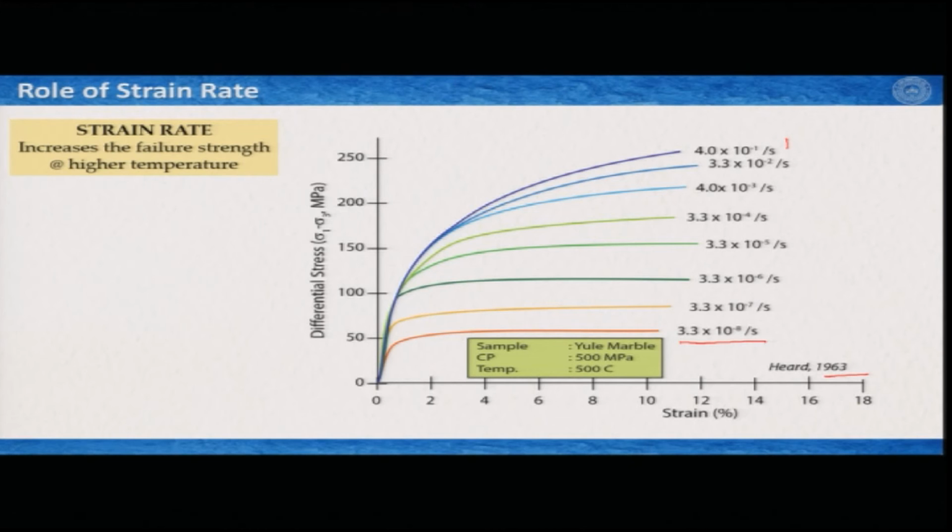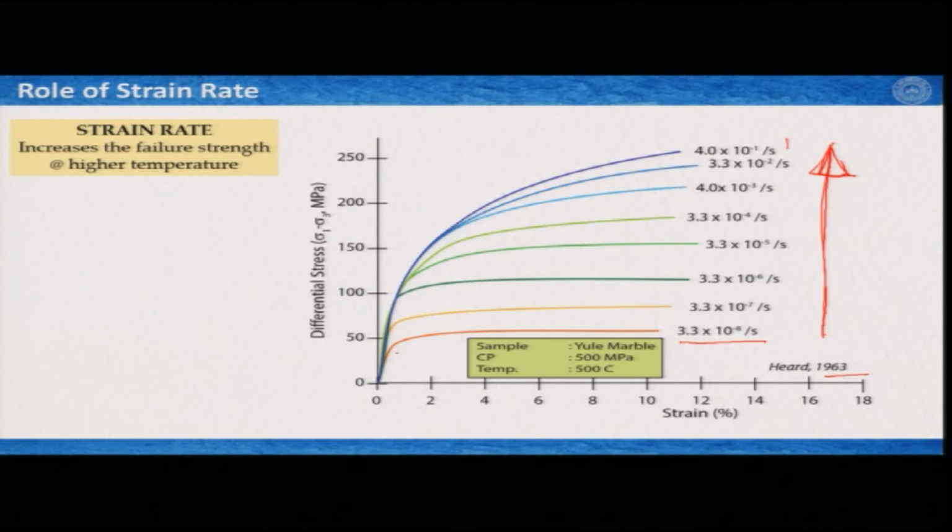Clearly, we can see that from here to here the strain rate is increasing, with the magnitude here being 8, then 7, then 6, then 5 and so on. So, one can change it by orders of magnitude in an experiment.